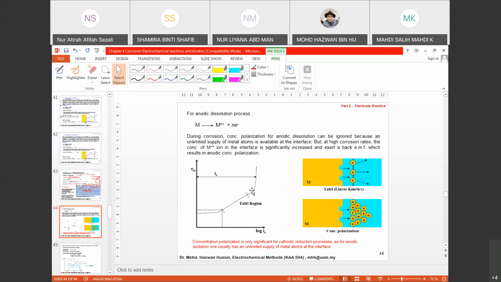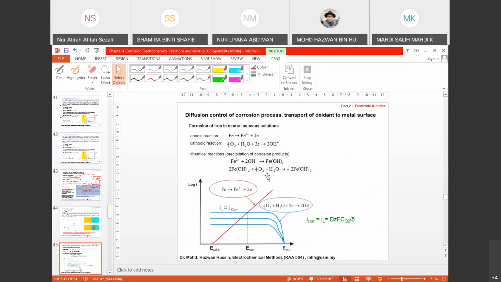After that you will experience the concentration polarization effect, and the current density, as I've shown you, becomes flat. So this is where the limited current density happens for your anodic oxidation process. Diffusion control of the corrosion process, the transport of oxidant to the metal surface.